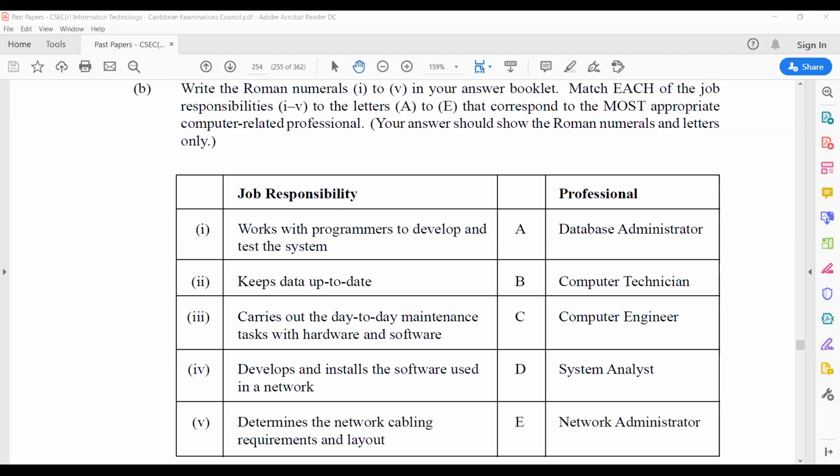Any questions on it? Now, remember what we mentioned before, that some of the roles and responsibilities may seem similar, but in a case like that, you have to choose the one that's most appropriate.